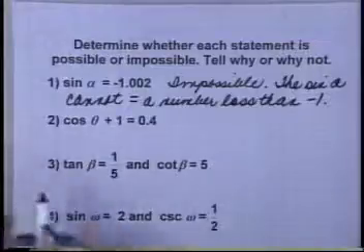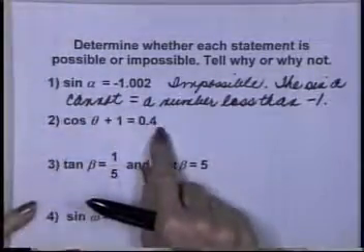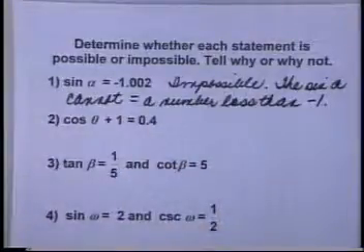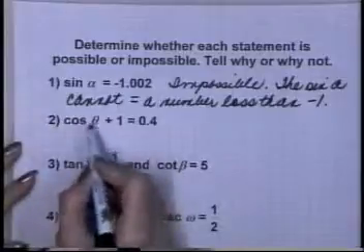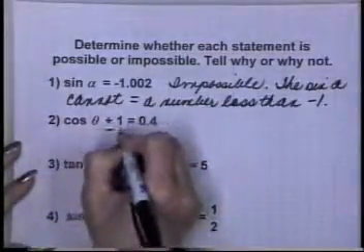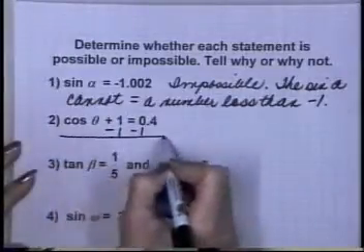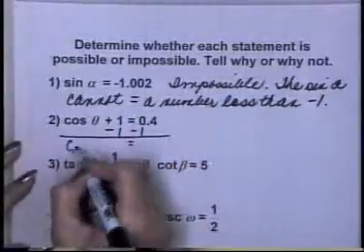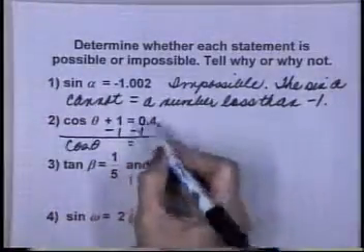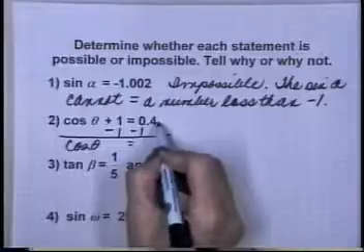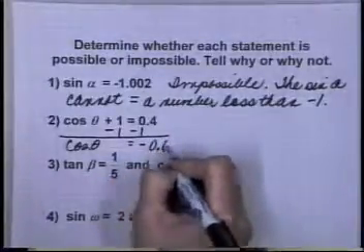Now look at the second one. It says the cosine of theta plus 1 equals 4/10. Well, I think it's probably easier on this, since it's an equation, to just isolate the cosine of theta by subtracting 1 from both sides. We get the cosine of theta, 1 minus 1 adds to 0, equals, and on the right side we have 4/10 subtract 1, which gives us a negative 6/10.